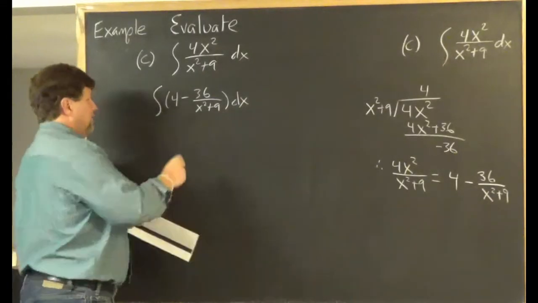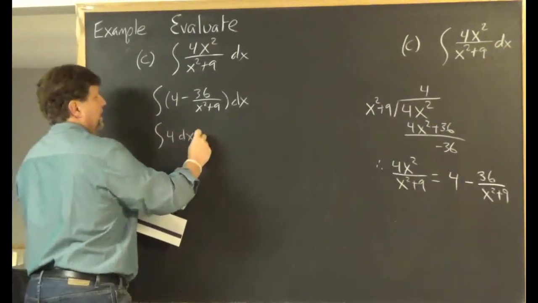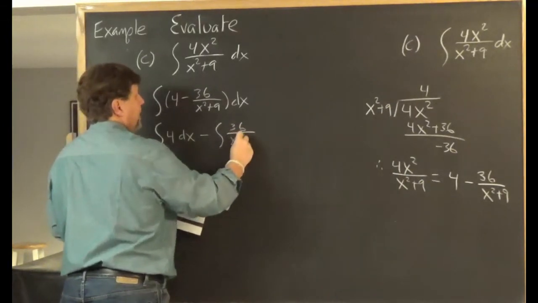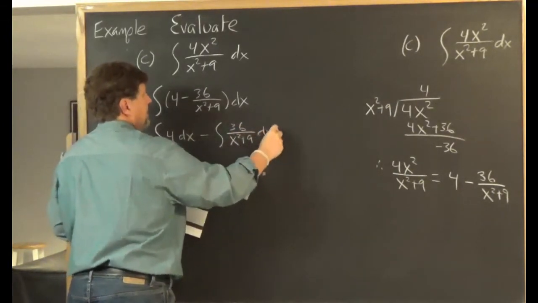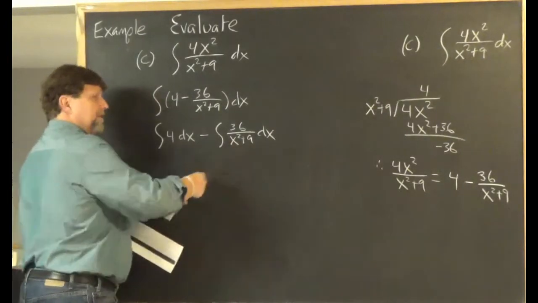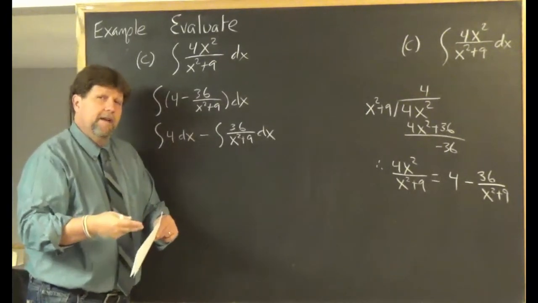If I put in one extra step, I split this as integrating 4 dx minus integrating 36 over x squared plus 9 dx. Okay, this antiderivative is a piece of cake. This one reminds me an awful lot of part A. It's starting to look like it's going to be an inverse tangent.